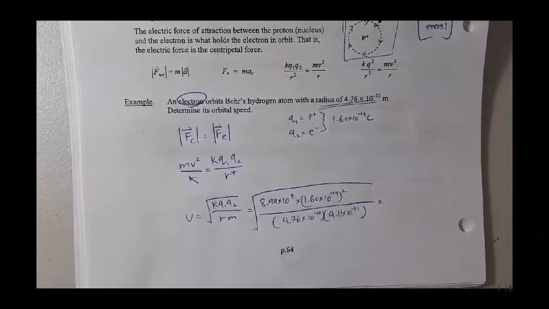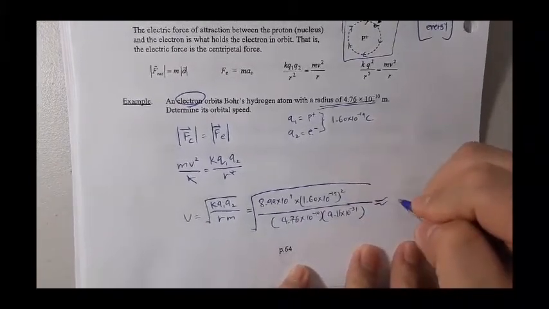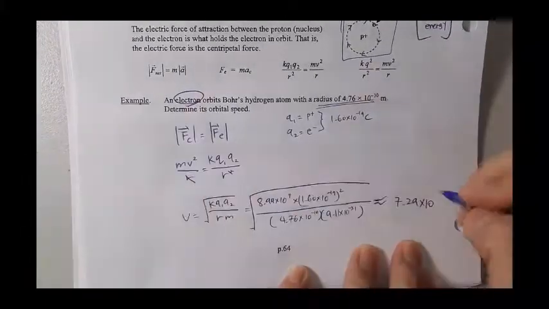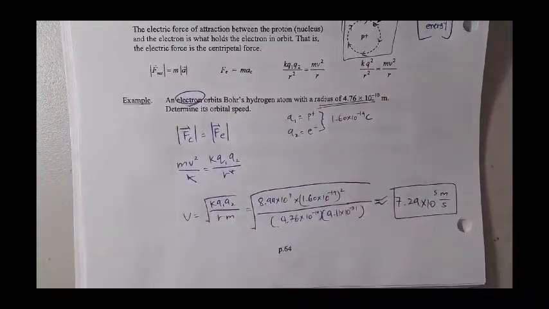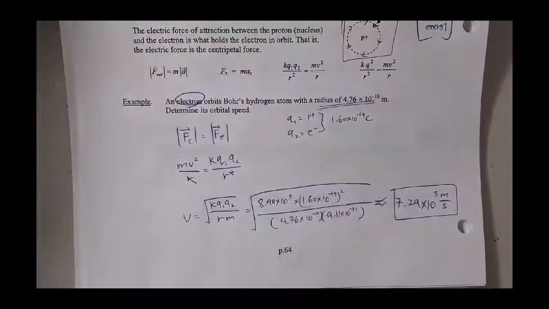Let's punch the numbers in. If I round it up, it has 7.29 × 10^5 meters per second. That's what we have for the speed of the electron that orbits around the hydrogen atom.